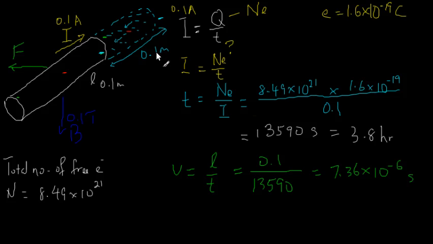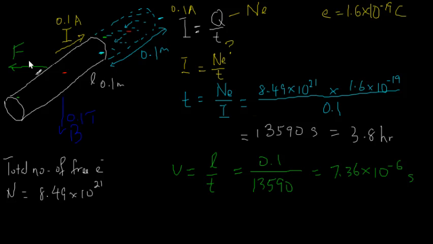Now, as I've mentioned, we can understand why this number is correct, because there is a huge number of electrons there. So even though the electrons move really slowly, after 1 second, there will still be enough charge to enter to give you the 0.1 coulomb per second of current.